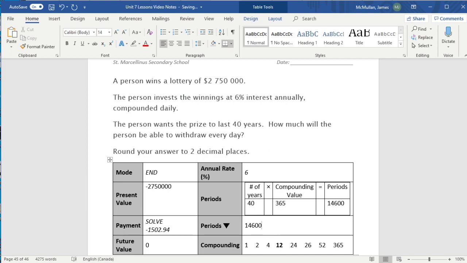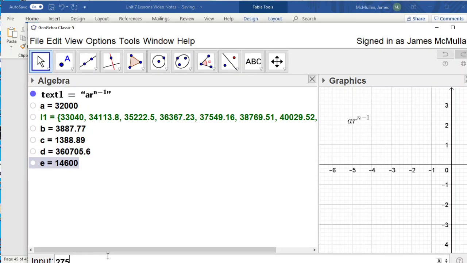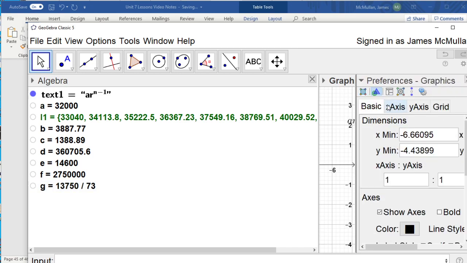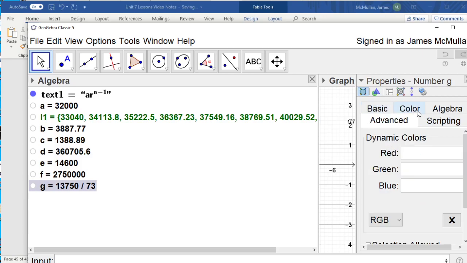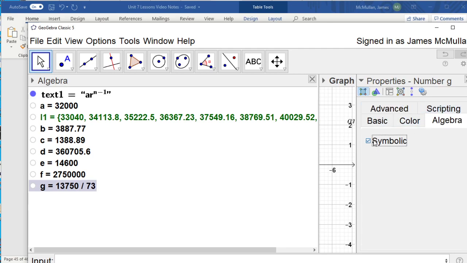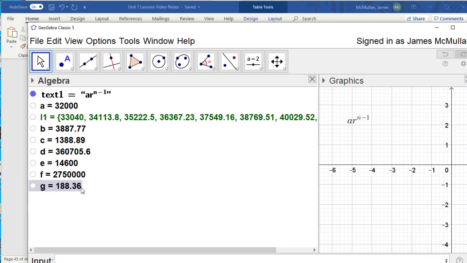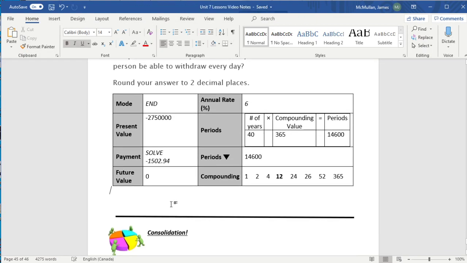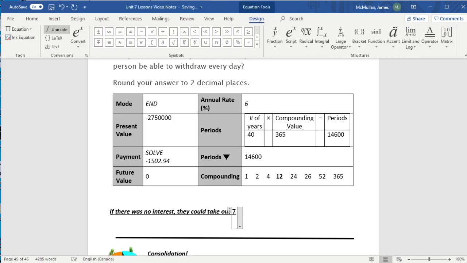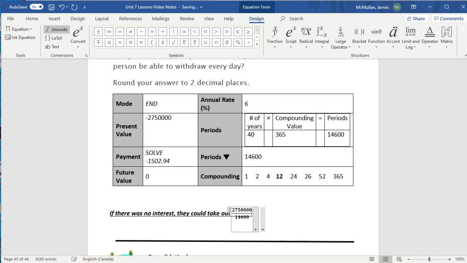By the way, let's just see how much they would have if they took it out regularly. Imagine they just took out the same amount every day without any interest in the question. They could take out $188.36 per day: 2,750,000 divided by 14,600.